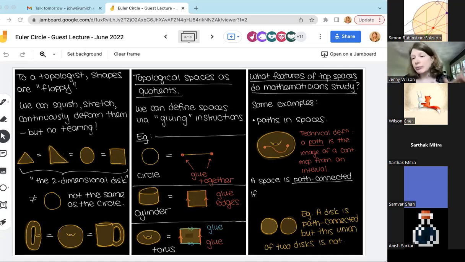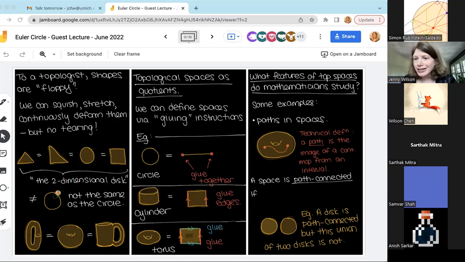Or to be really precise about it, I would want to find a continuous function that takes this circle to the square and that has a continuous inverse that takes the square back to the circle. If I can demonstrate the existence of those functions, then that's what it means in a technical sense to a topologist for these two shapes to be the same.